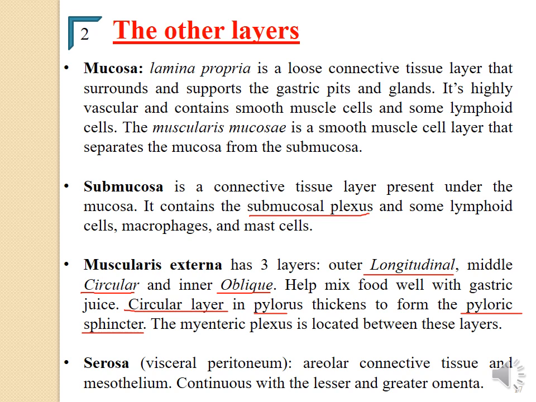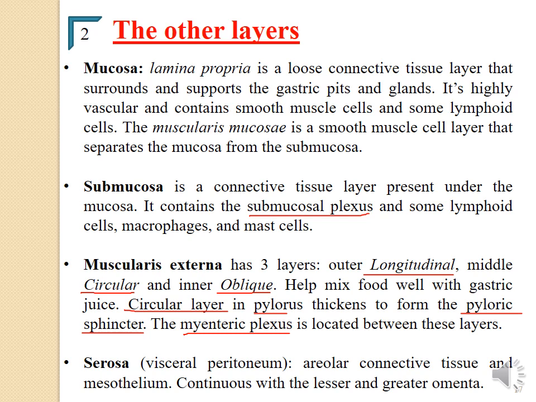Also, within these sublayers of muscles, we have the myenteric plexus of nerves, and this is the second part of the enteric nervous system, which controls the muscular activity and glandular secretion of the alimentary tract.